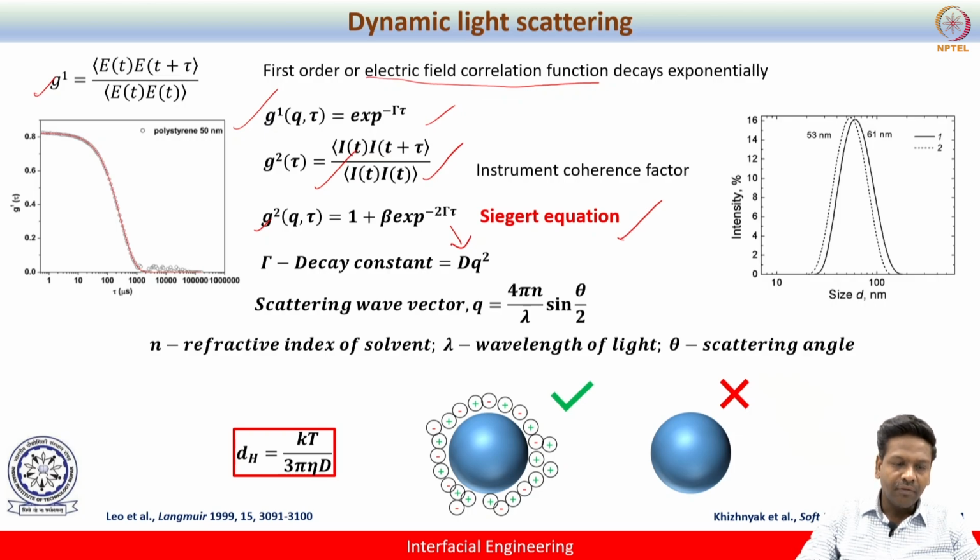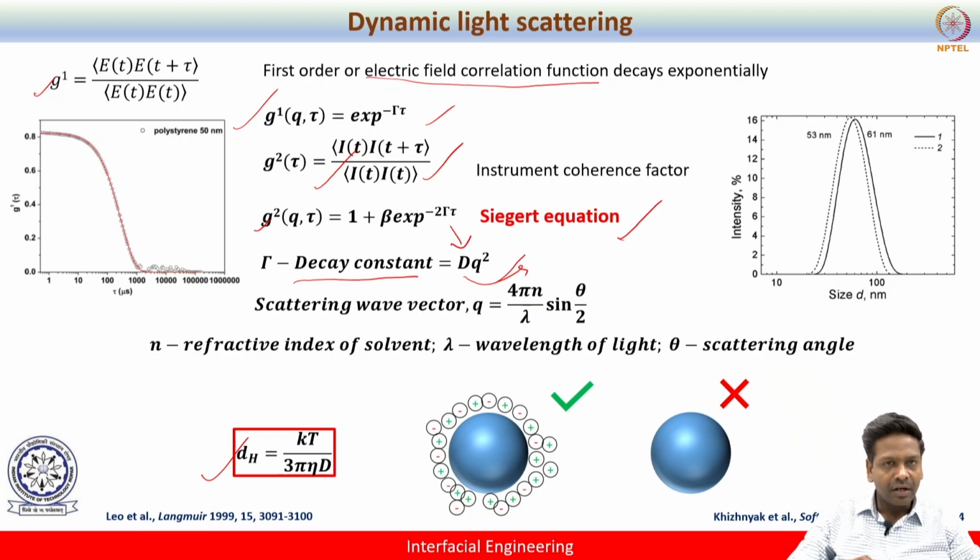Why we should know the decay constant is because if you know it, you can easily calculate the diffusion coefficient from this equation. Rest everything is a constant. With this you will be able to get the hydrodynamic diameter of the particle by using the Stokes-Einstein relation. So that is the idea. Thanks to the Siegert equation, based on this relation only, we are able to get the decay constant.